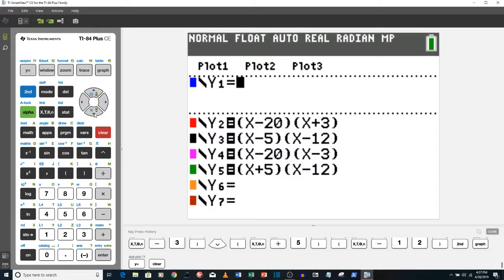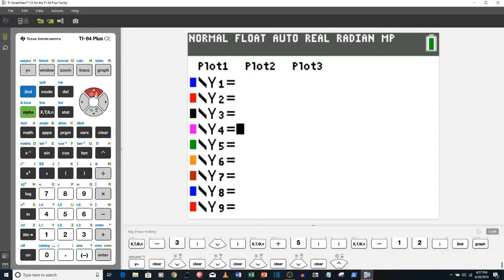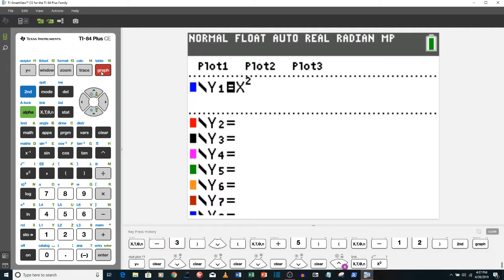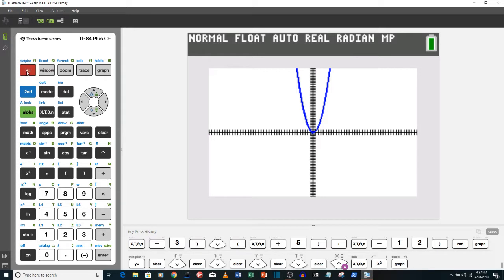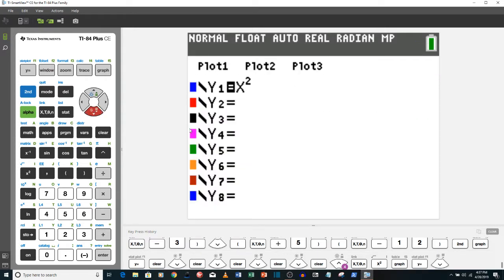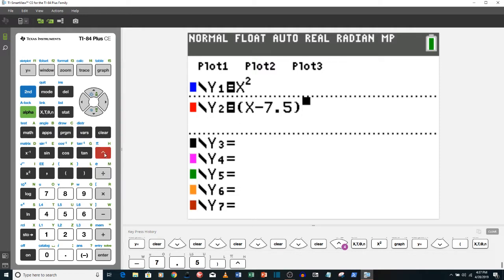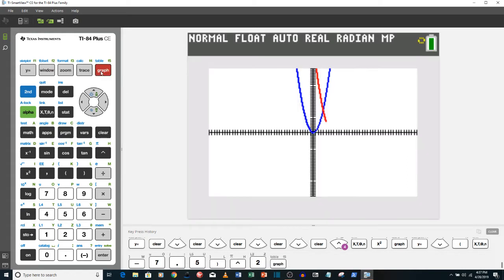Let's go in here and clear out all these answer choices. All we're going to do is go up to y1 and put in x squared, and you can look at the graph. Now go back to the y tables, go to y2 and put in open paren, x minus 7.5, close paren, and then the caret, 2, to show squared, and then hit graph.